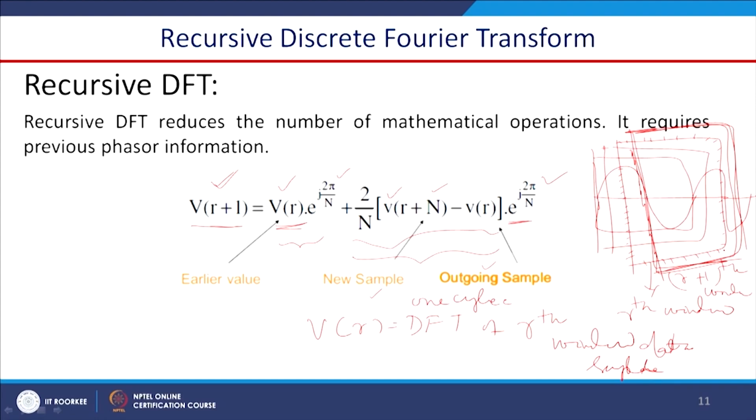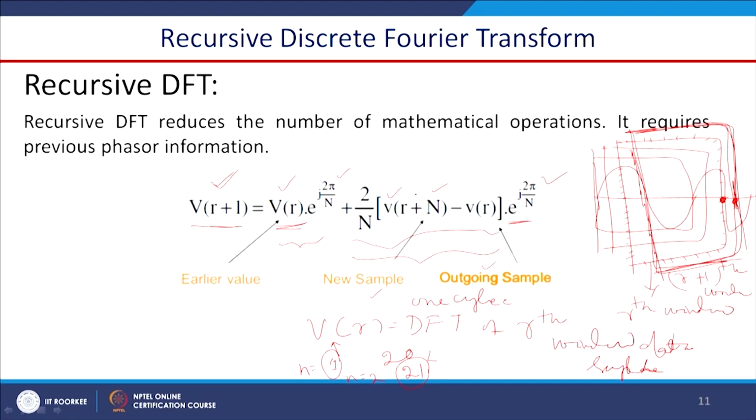In this case, this window ends here, this was my last sample and this is a new sample which is entered inside. If you take n equal to 1 to 20 and the next n equal to 2 to 21, now the first sample is discarded and the 21st sample is entered into the fresh window. That is the meaning of new sample and outgoing sample.